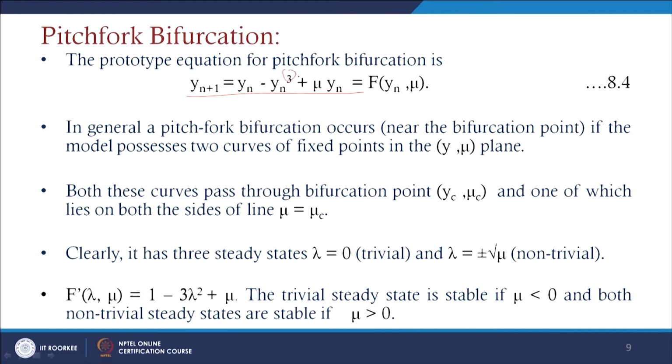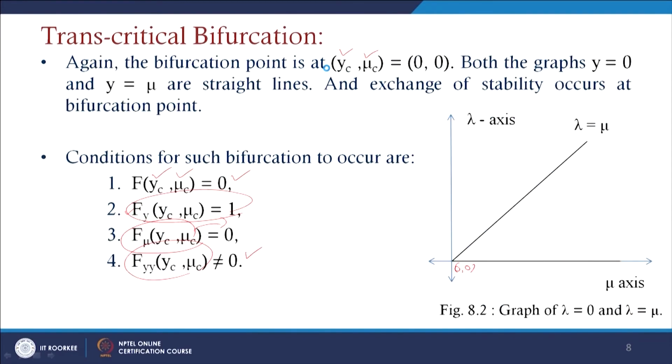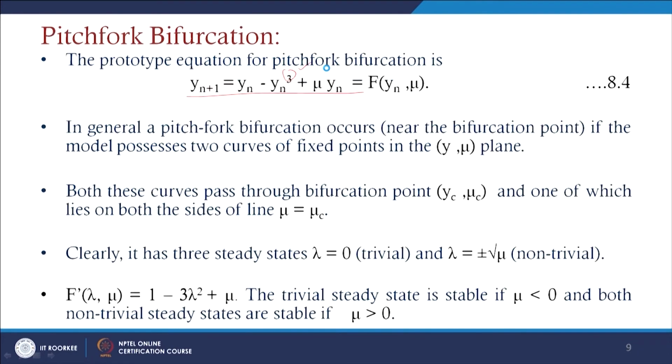The basic terms y n minus y n square were considered for the last two prototype equations, but here we have extended the power, and the rest is like the transcritical bifurcation we just discussed, the same terms y n and mu y n, represented as the functional value f of y n and mu.